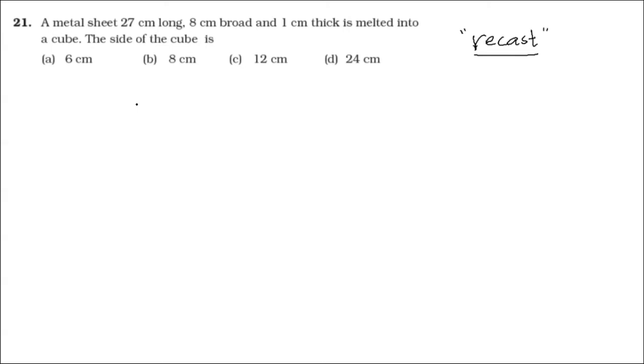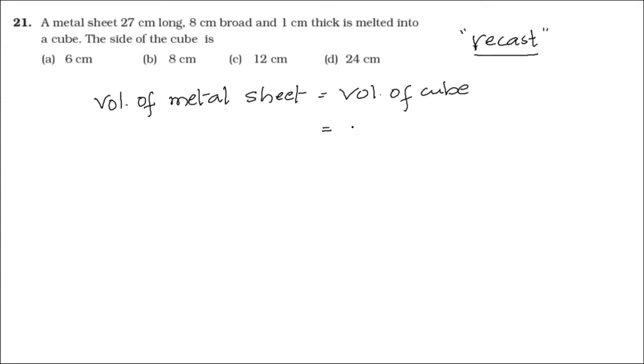So according to the question, the volume of the cube will be the same as the volume of the metal sheet. So let me mention that the volume of the metal sheet will be equal to the volume of the cube. Volume of a cube is side cube.